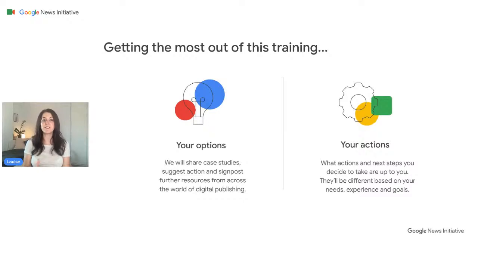So we'll take you through options, case studies, actions and further resources. All of these are just suggestions. Some will be great, some might not be right for you just now. Whatever next steps you decide on will be based on your needs, experiences and aims. As we work through, take what is going to work really well for you.